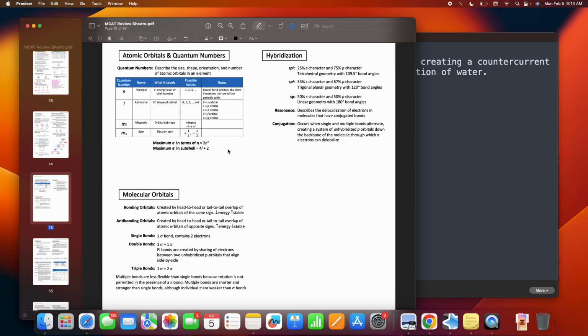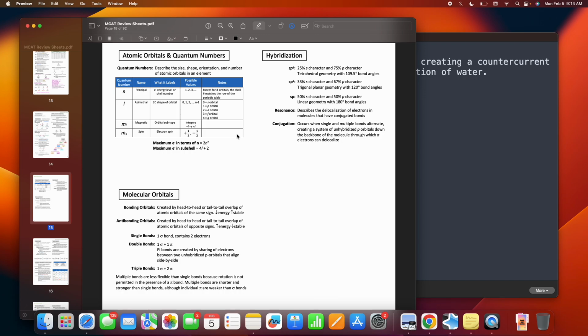So for d, l is 2, so it's 4 times 2, which is 8, plus 2, it's 10. And for d, we do have 5 blocks, each fitting 2 electrons, which makes 5 times 2, equals 10. Cool.